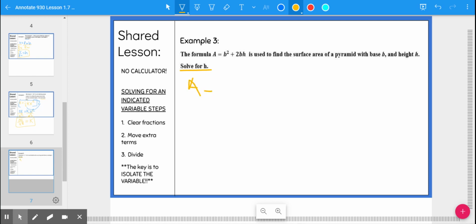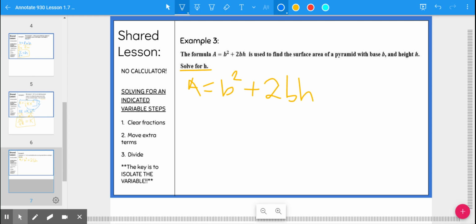So I have A is equal to B squared plus 2BH.